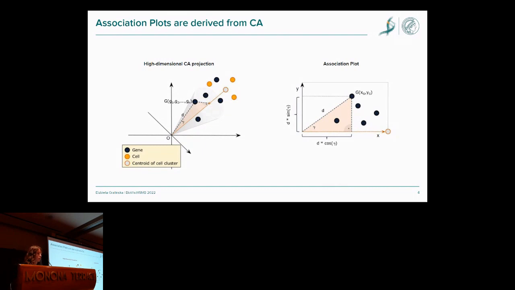We measure the distances between the origin and the cluster centroid, and then we also measure the length of the projection of the gene onto this vector. By doing this for all of the genes, we obtain an association plot in which each gene has two coordinates. And now it is obvious already that the location of the gene in the association plot tells us something about the strength of the association of a given gene to the cluster of interest.